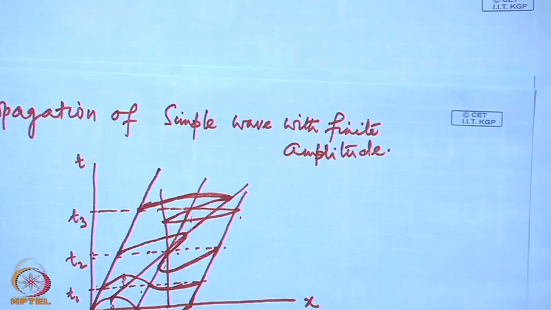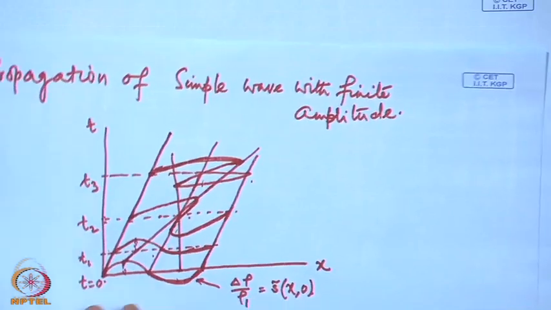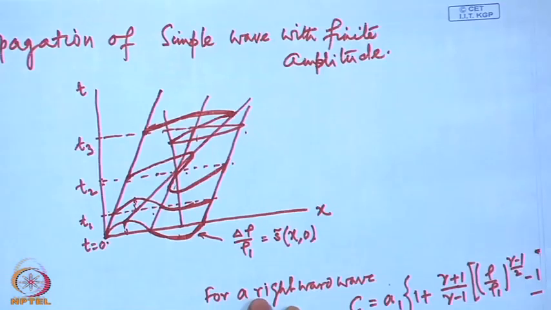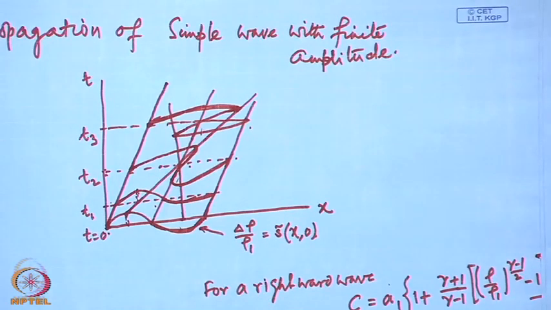Due to this steepening effect, the velocity and temperature gradients increase considerably, and subsequently after a certain time a balance is reached between the steepening effect due to nonlinearity and the diffusive action due to viscosity and heat transfer, and the compression part of the wave will reach a stationary state and become the shock wave.